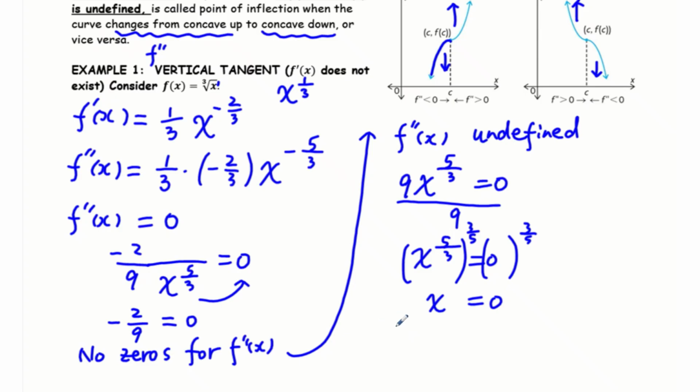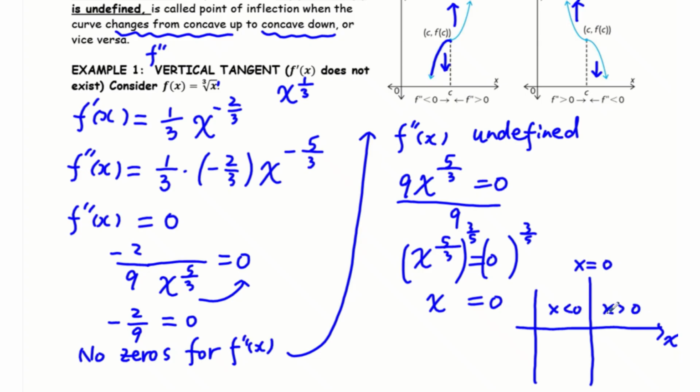Then we want to see if that is a point of inflection or not. So we are going to draw this x-axis, and this is x equals 0, left side, right side. And this time we want to find the double prime.